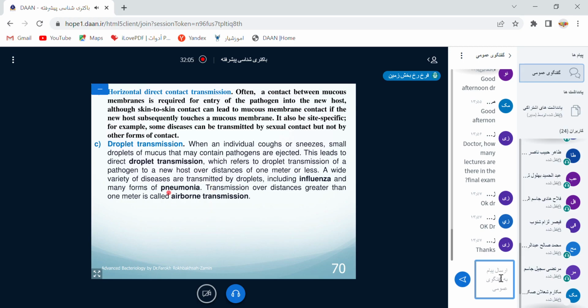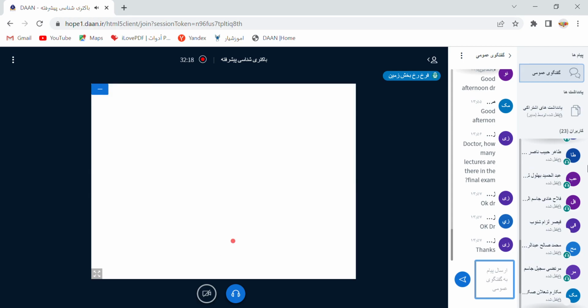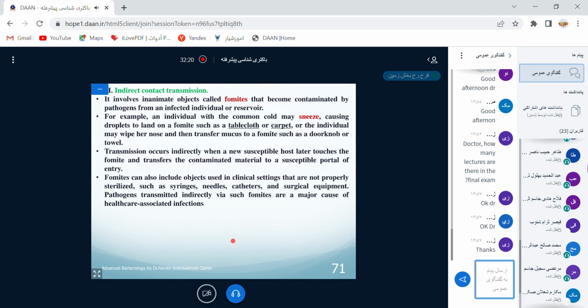So here you could understand the difference between droplet transmission and airborne transmission. In some cases they are the same, and in some cases they are different.